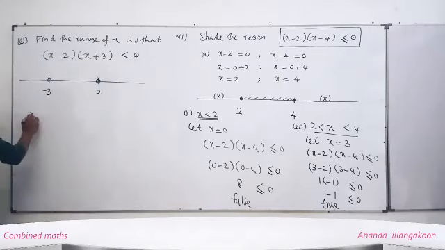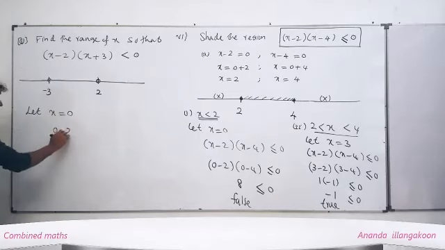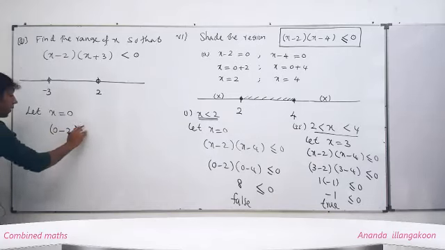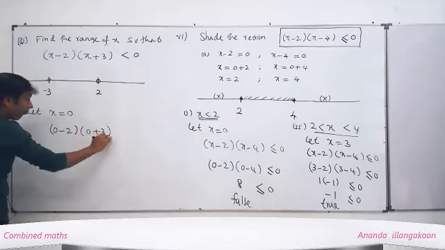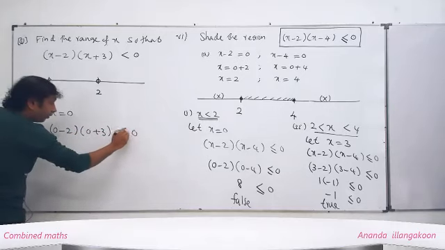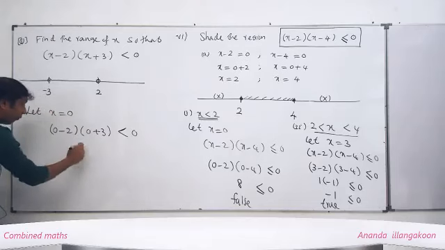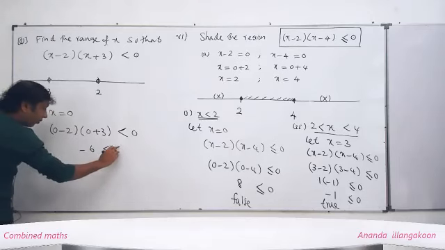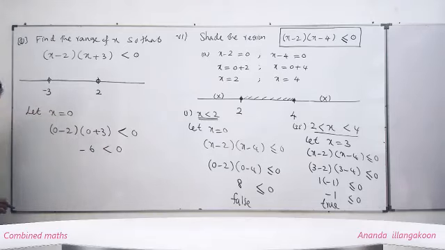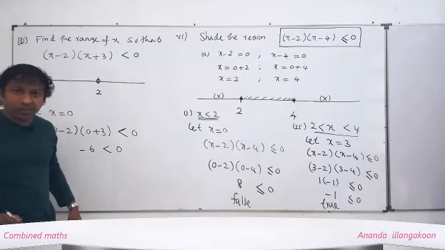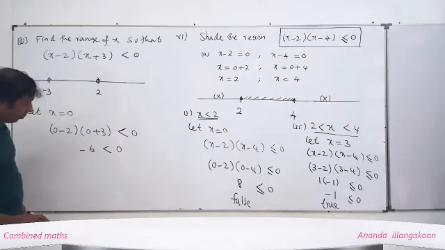Say x is 0. Put that 0 here. 0 minus 2, 0 plus 3, less than 0. What is this? Minus 6 less than 0. Is it true? Yeah, it is true.